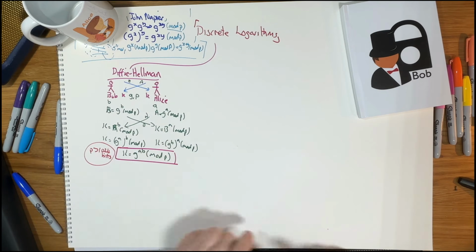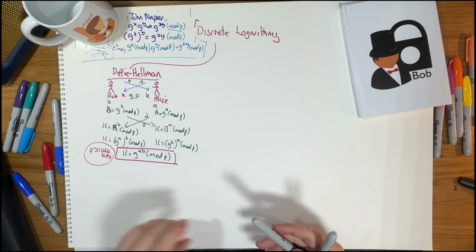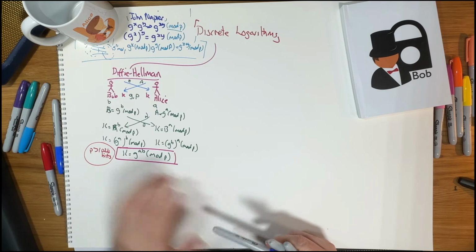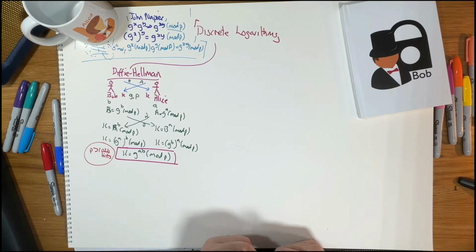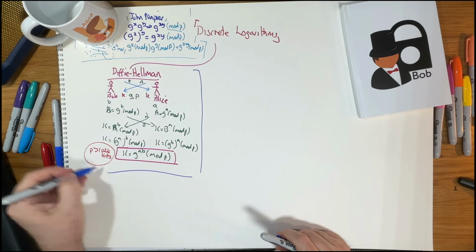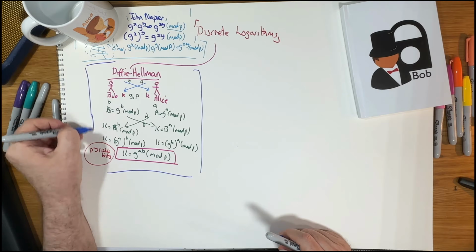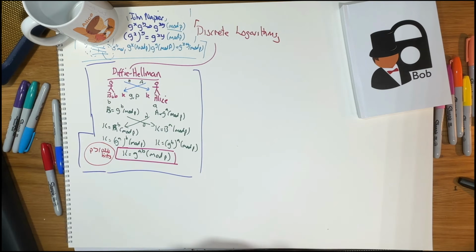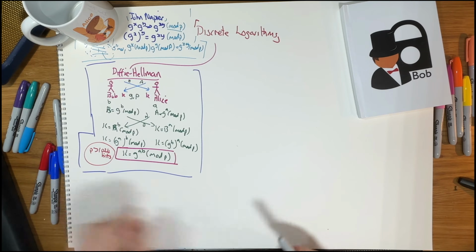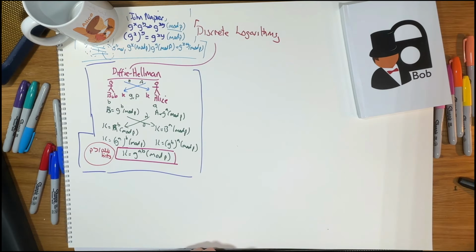The Diffie-Hellman method isn't used that much these days because of the large size of the prime number, but it's certainly a valid method when we look at our discrete logs. So the next method we'll look at is the ElGamal encryption method.